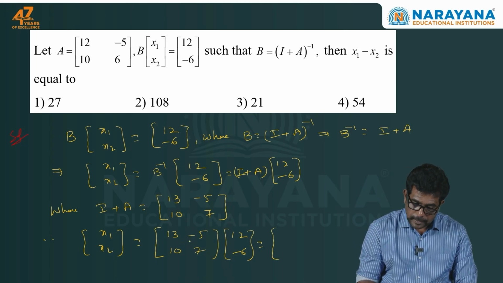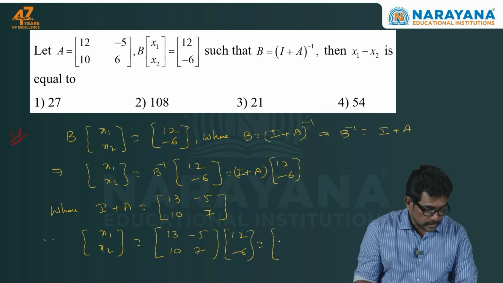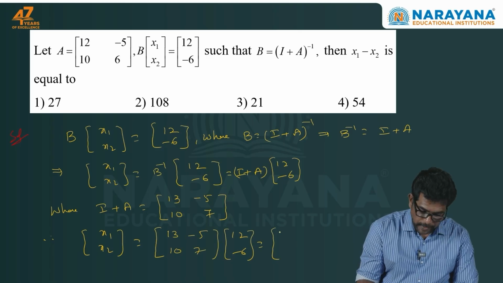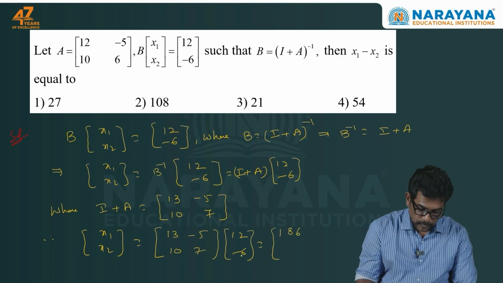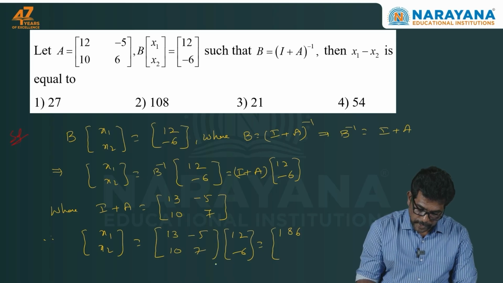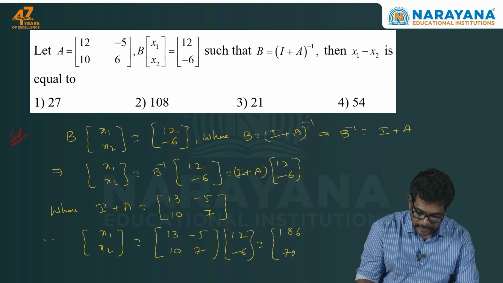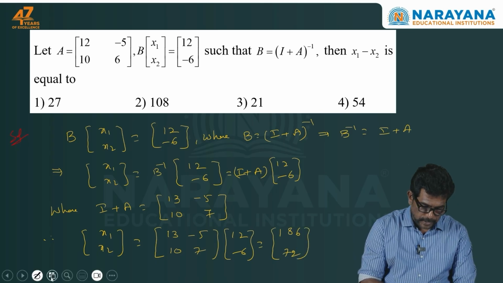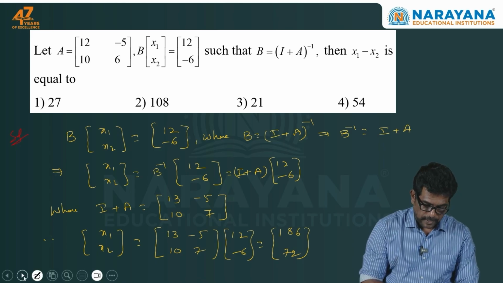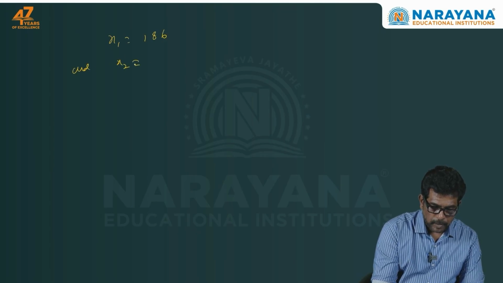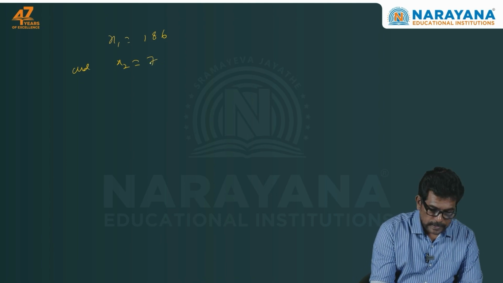So 13 into 12 plus 5 into 6, this becomes 186, and 10 into 12, 120 minus 42, 78. So from this, we get the x1 and x2 values, where x1 is equal to 186 and x2 is equal to 78.